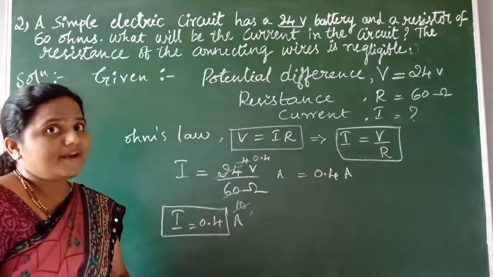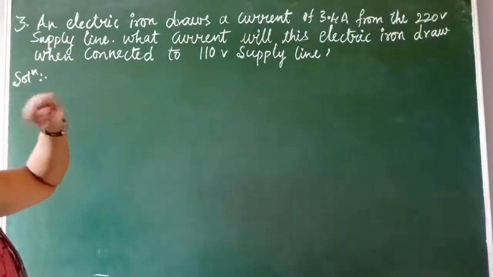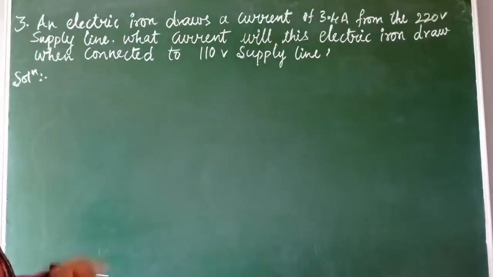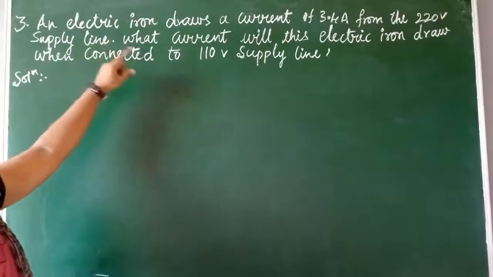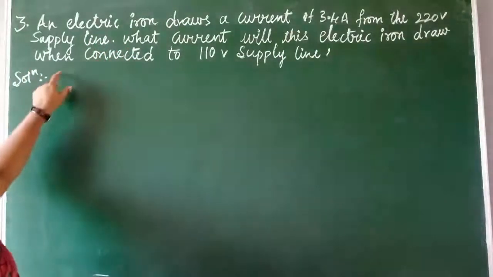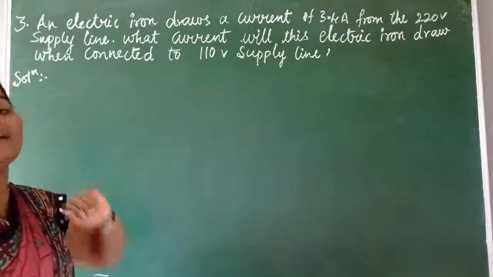Understood, children? Children, an electric iron draws a current of 3.4 amperes from the 220 volts supply line. What current will this electric iron draw when connected to 110 volts supply line?